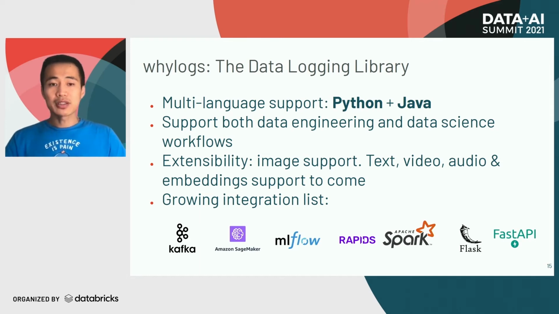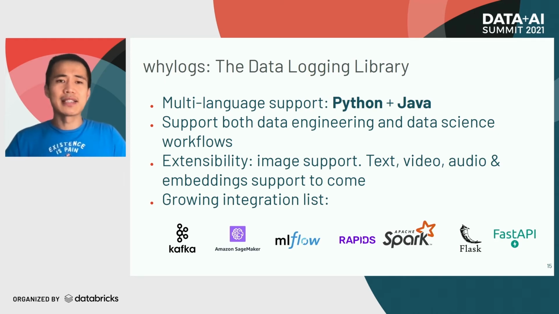On top of that, we support complex data types. We have image support at the moment, and we are extending the whylogs library to support text, videos, audio, and embeddings in the future. We are also trying to integrate whylogs into various tools, including Kafka, AWS SageMaker, MLflow, and obviously Apache Spark.